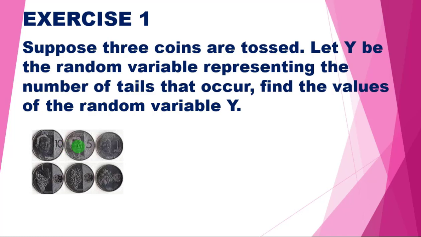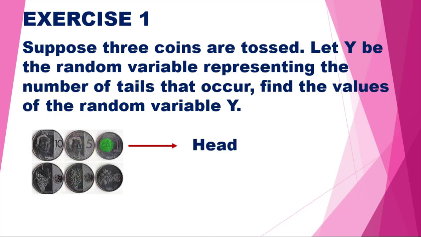Here are the 3 coins for example. This is the head of the coin and its corresponding tail. This is a 10 Philippine peso coin. And another coin representing the second coin to be tossed. These are just examples. This is a 5 peso coin. This is its head. And this is its tail.